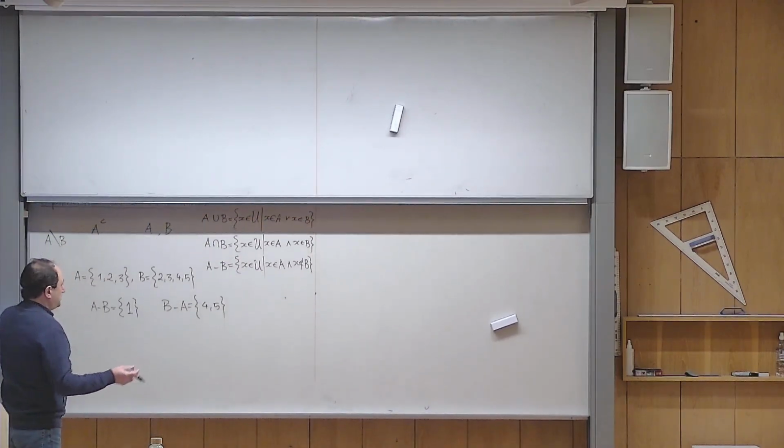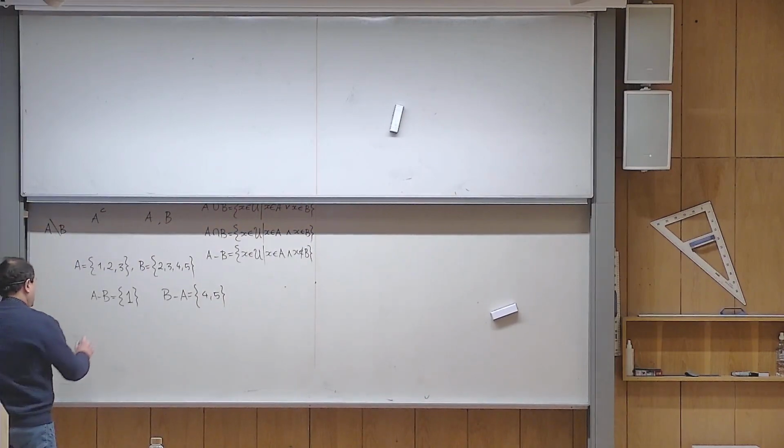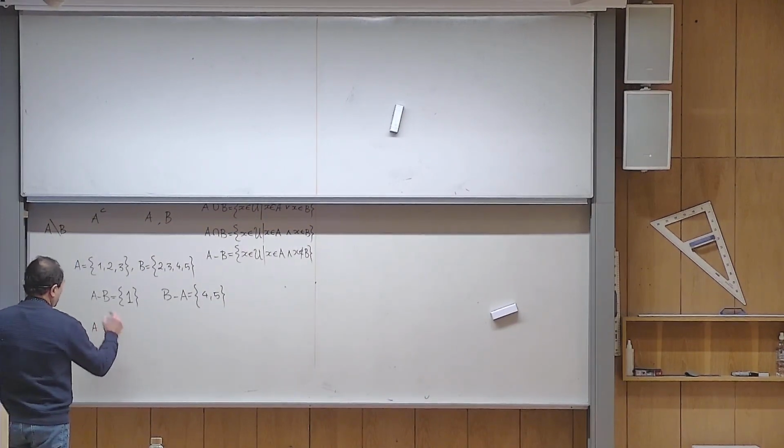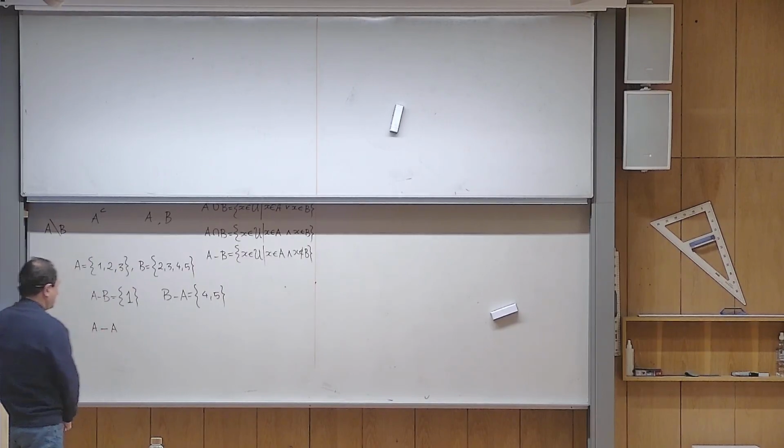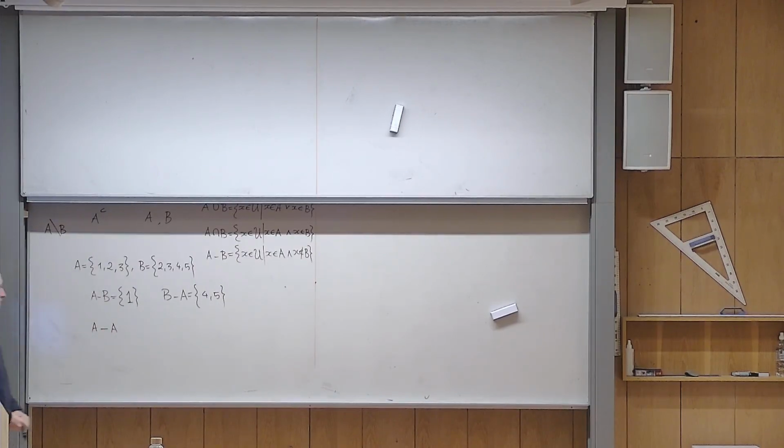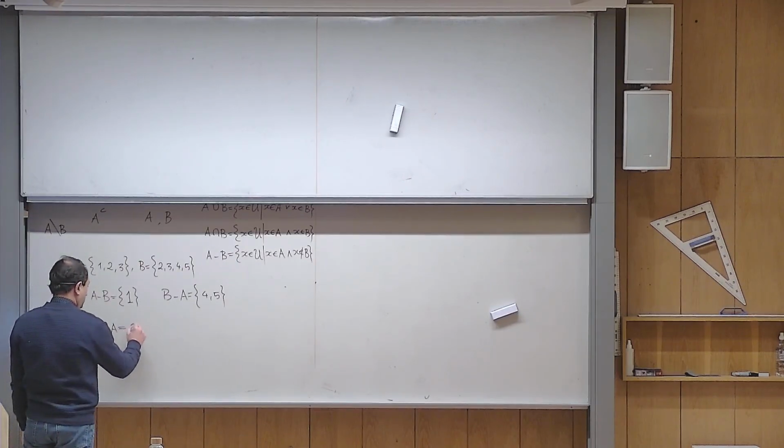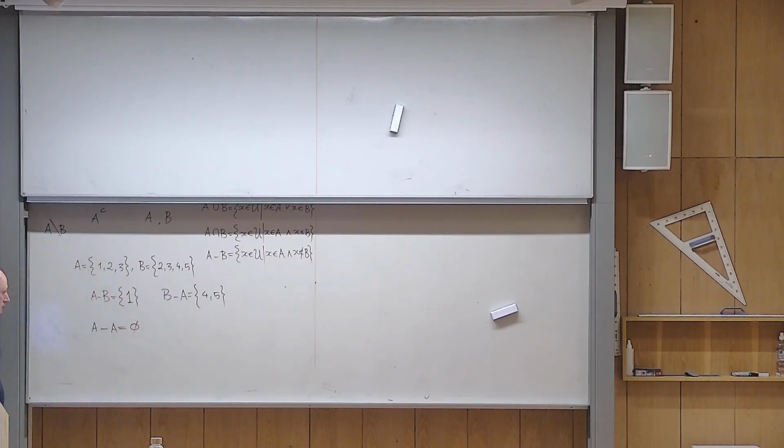And then some of them are actually very trivial. For example, if I give you one set and ask you what is the subtraction of this set from itself, this means the elements in A which are not in A. This cannot happen, so there are no elements left. So that's the empty set. Yes?